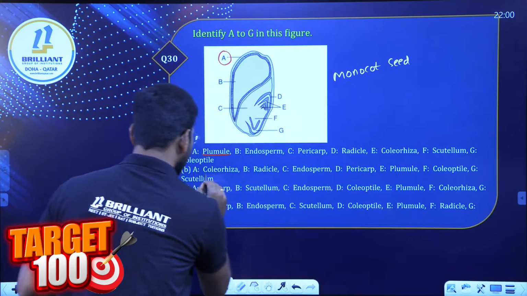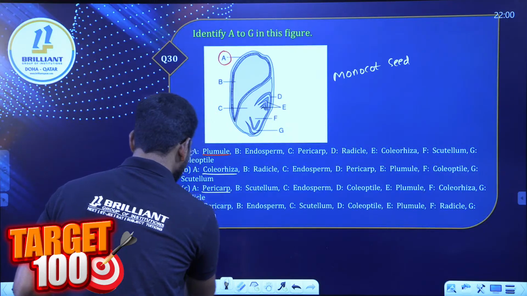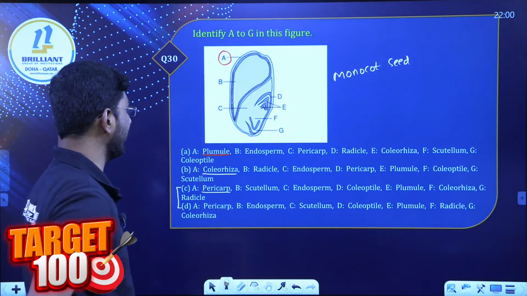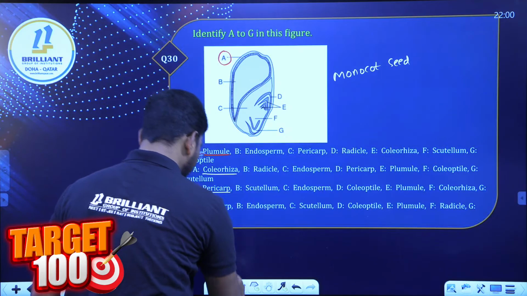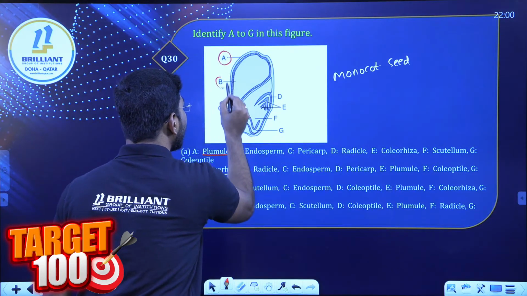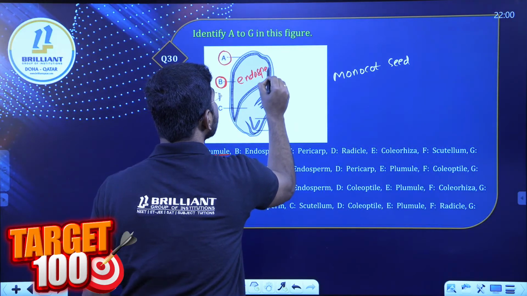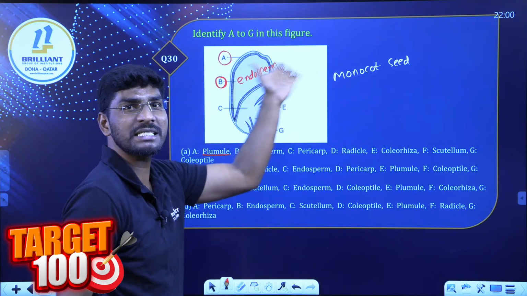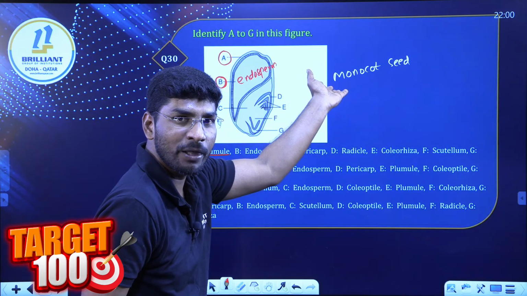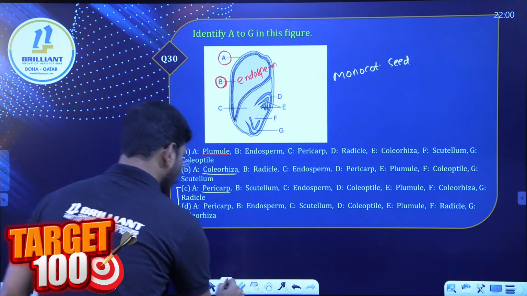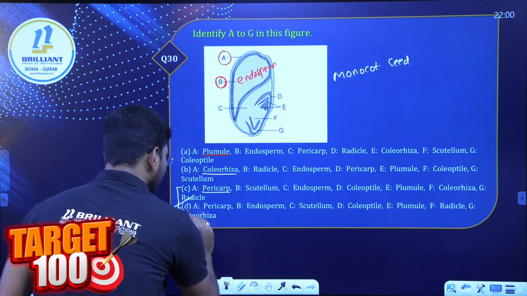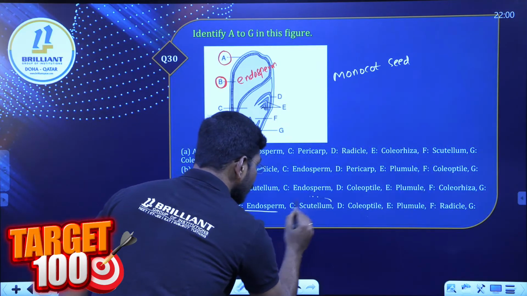Coleorhiza, pericarp in C, D, pericarp is there. Now option B, this is endosperm, an endospermic seed. So the right answer I can go to option pericarp, endosperm, scutellum.